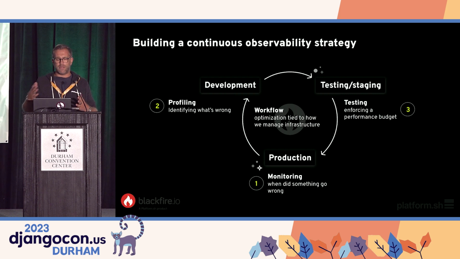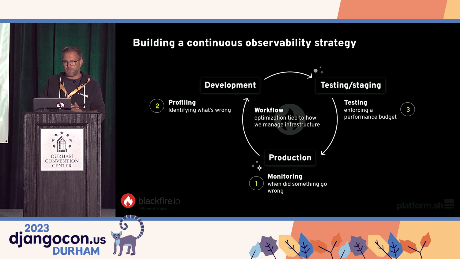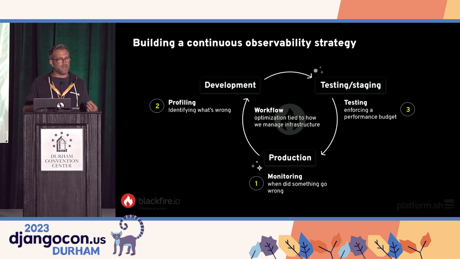The way I'm going to do that is by doing what we call continuous observability. Like continuous integration and continuous deployment, you can also observe continuously how your application is doing, and that on all the different stages. During development, every time you think your feature is done, have some tests in place, profile what you've done, see the result, and compare it with the previous version.